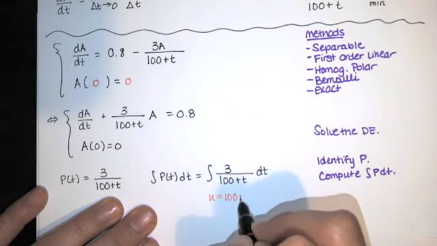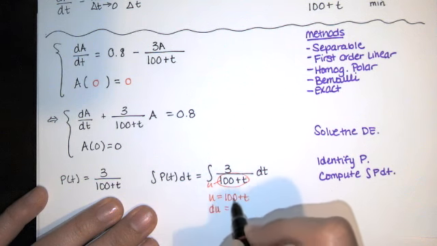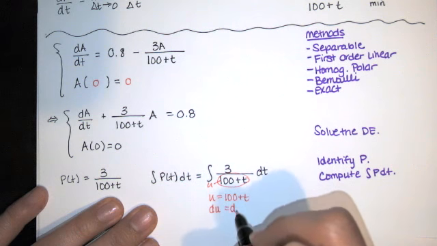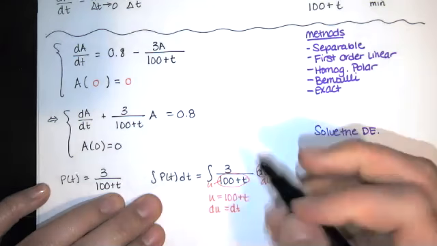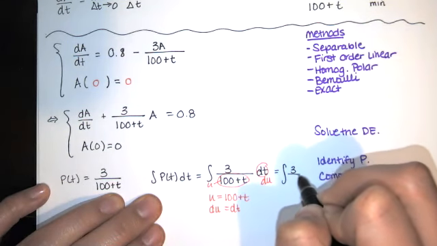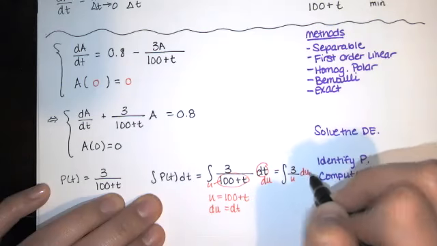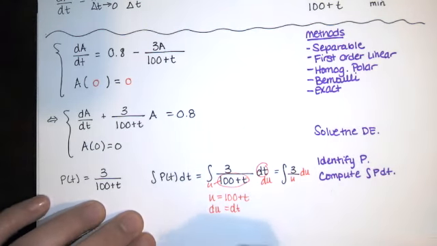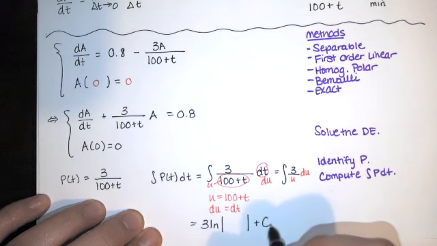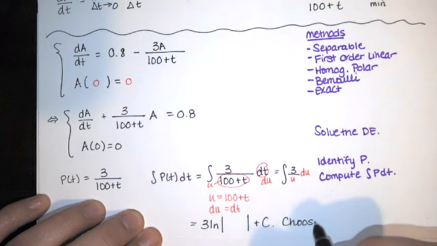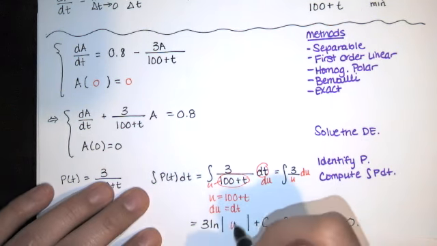If I let u equal 100 plus t, du is just the derivative of that, which is 1, times dt. So this becomes the integral of 3 over u du. And the antiderivative of 3 over u is 3 times the natural log of the absolute value of u plus c. We'll choose that c to be 0 because we don't need infinitely many integrating factors. We just want the one.